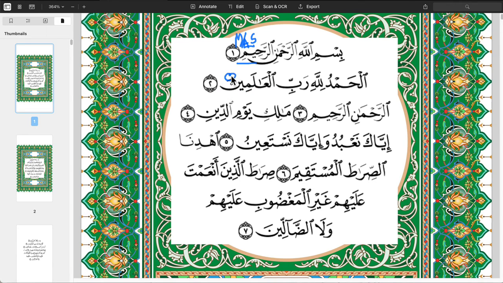I'm changing the fatha into sukoon and I'm pulling this for count. So the pulling is Mad Aridh liSukoon. Ar-Rahman Ar-Rahim, again Mad Aridh liSukoon. Malik Yawmiddin. So all the endings of Fatiha are a case of Mad Aridh liSukoon.